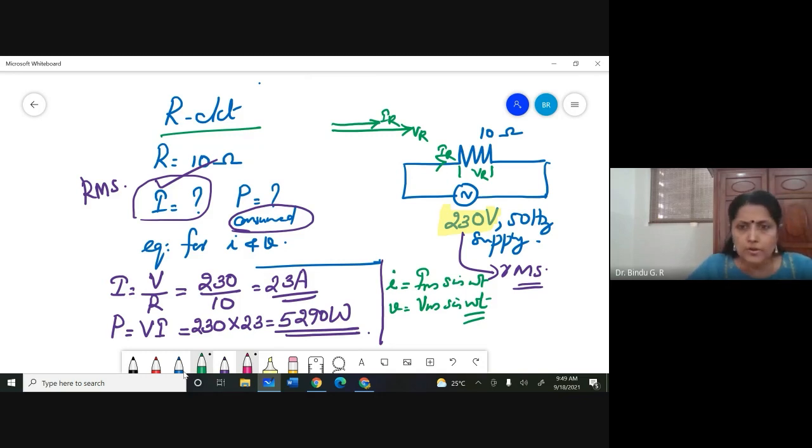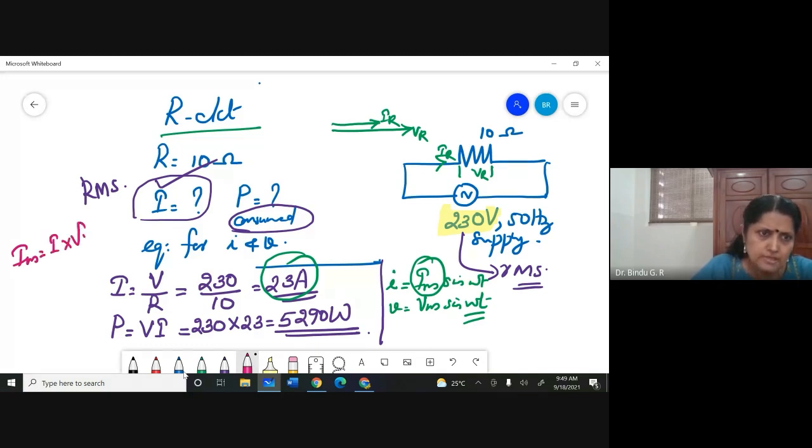Now, if I want Im, I need to take this 23 as an RMS value. So Im will be IRMS into root 2, isn't it?